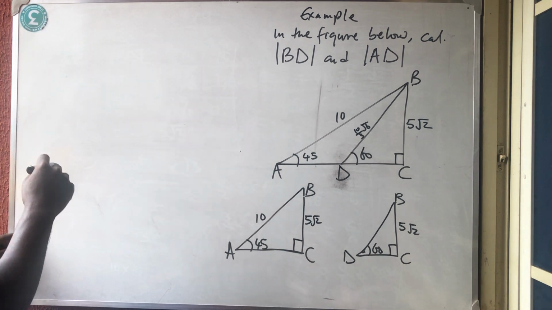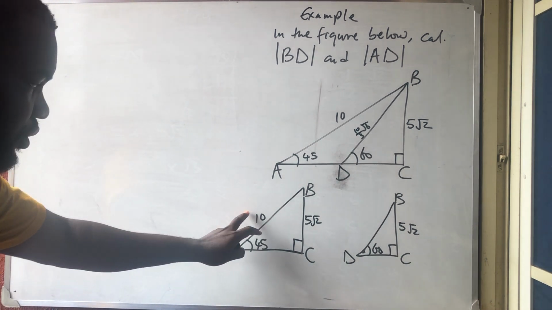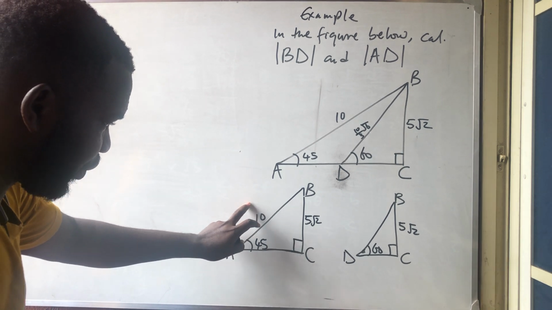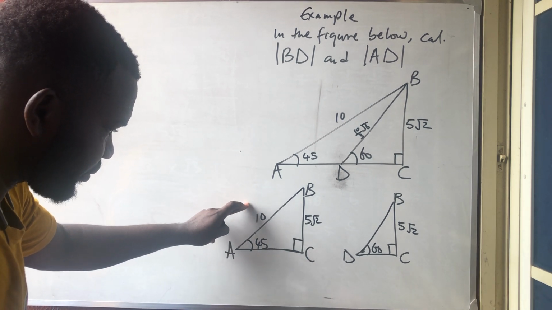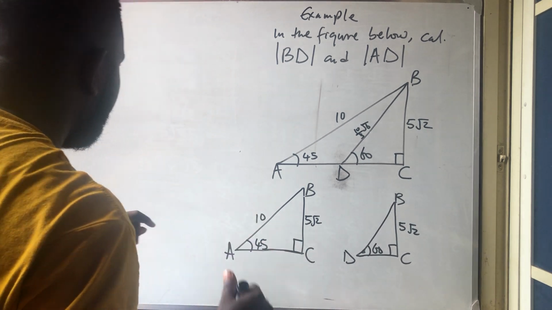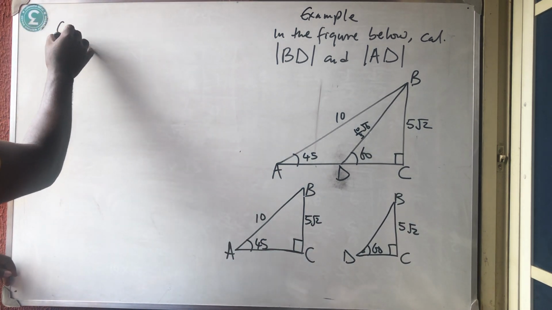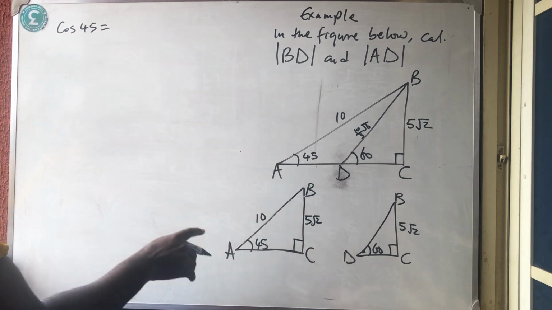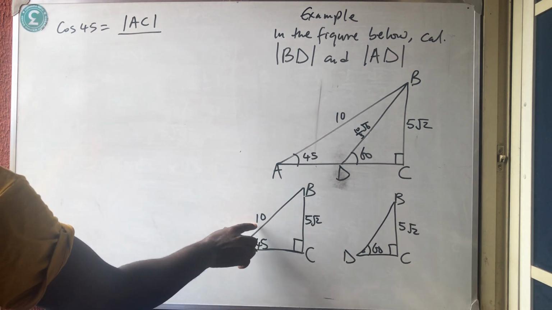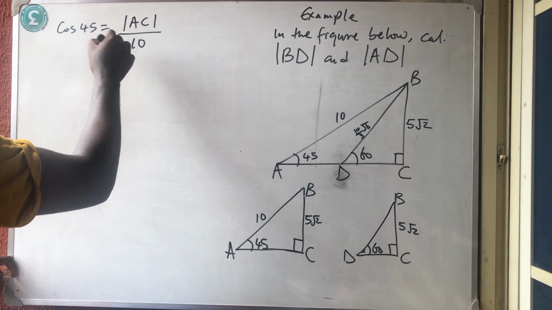To find line AC, I can use this one: this is the opposite, the hypotenuse and the adjacent. Adjacent and hypotenuse, so I will use cos. Cos 45 is equal to adjacent, which is line AC, over the hypotenuse, which is 10.